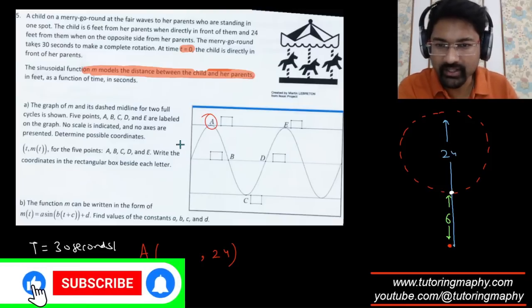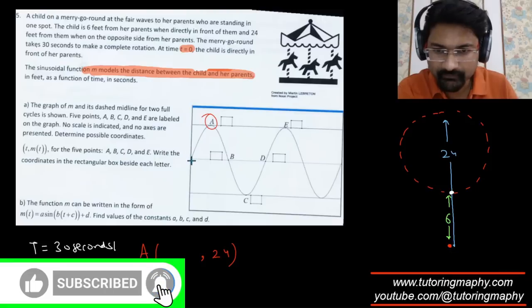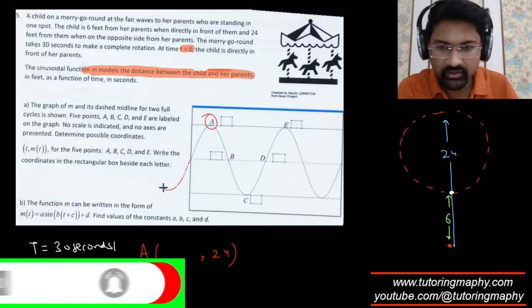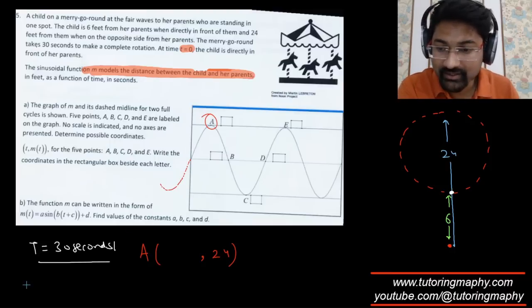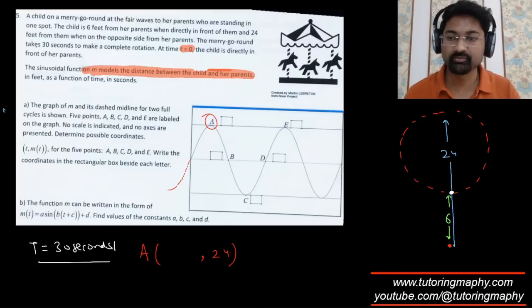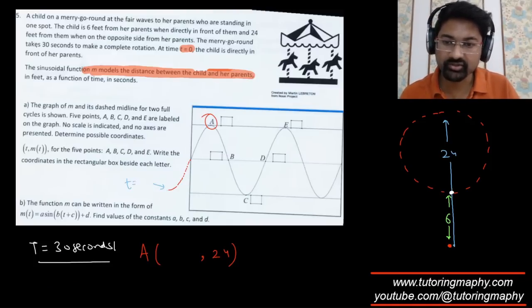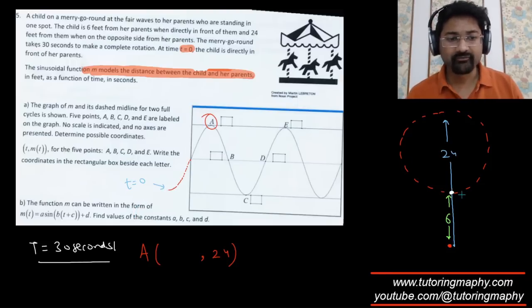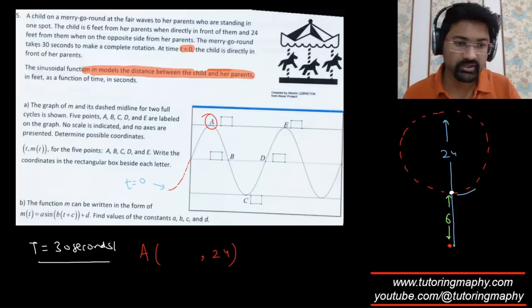So if I extrapolate this situation, there would have been a portion of the graph which will come like this. I can safely take this portion as the starting position, considering that this is actually t equal to 0 where it is at the minimum. From t equal to 0, what is 30 divided by 4? 7.5.